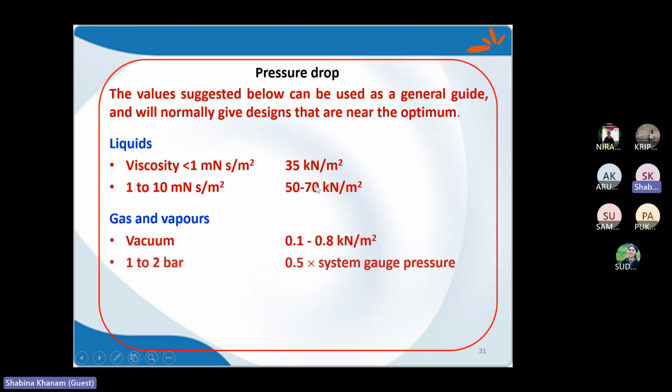So pressure drop should be less than 35 kilonewton per meter square, and depending on the viscosity range, it should be in the range 50 to 70. These are some of the design parameters you can see for gas and vapor as well. So these design parameters you need to consider for a feasible design of shell and tube heat exchanger.